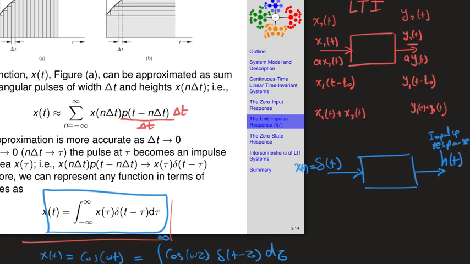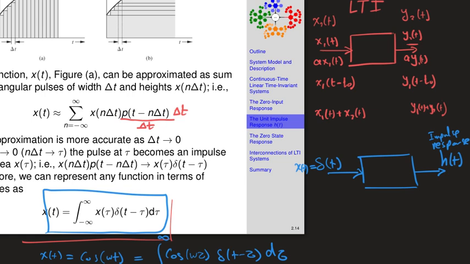Correct? Each one of the terms inside here is simply what, as a function of time? This is simply a shifted delta, and it's multiplied by some constant, because this is not a function of t.